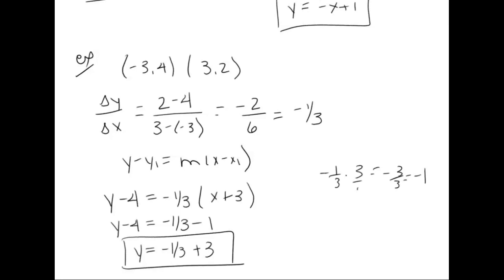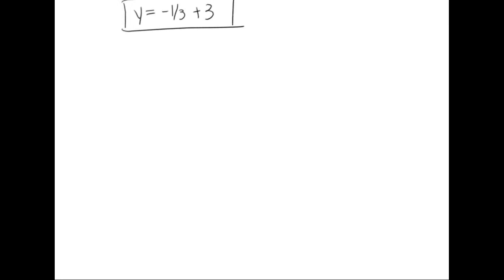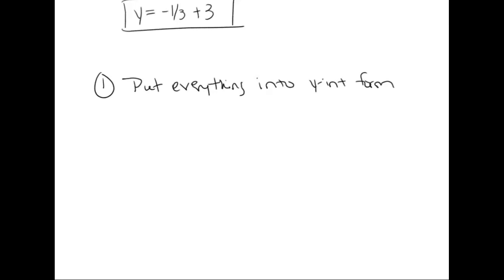And here you are. So, 2 things I want you to remember for this assignment. 1, put everything into y-intercept form, unless it just explicitly says to write the point slope form. Put everything into y-intercept form.